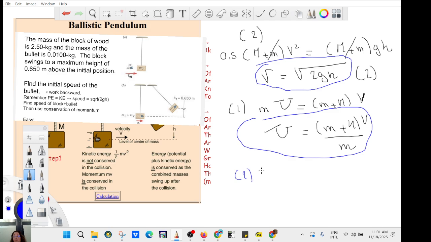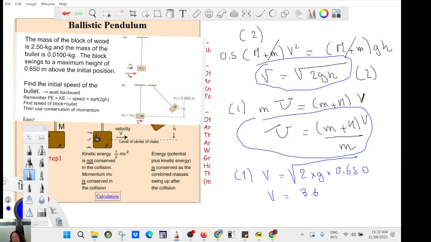That will be the speed of the block: the speed of the block equals the square root of 2 times g times the height, 0.650. So you do that first. Try to do it. If you have any question, let me know. Don't take notes, because by the time you get home, you will forget everything and won't be able to understand your notes. If you have any question, let me know.